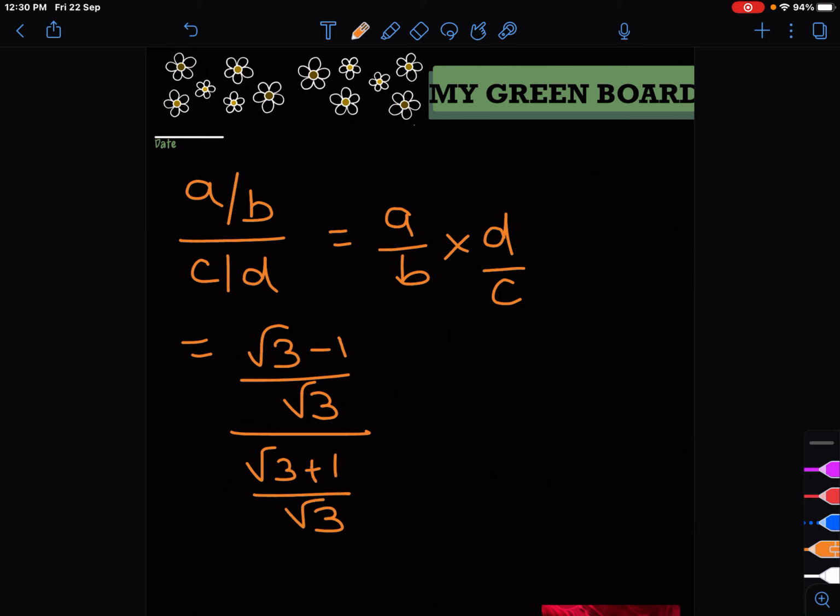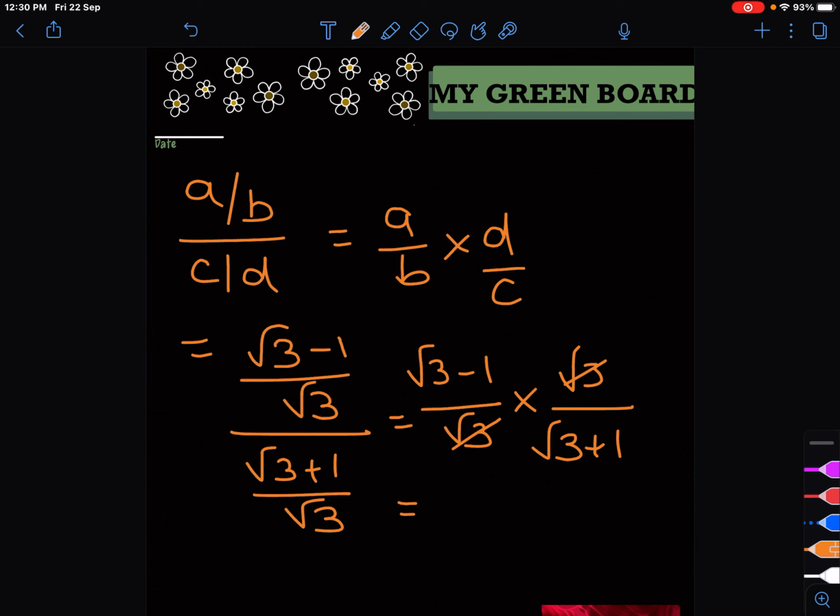We got this, isn't it? So now what I am doing is the numerator root 3 minus 1 by root 3 into the denominator's reciprocal, so it will become like this. This root 3 will get cancelled, and you will be getting the answer as root 3 minus 1 by root 3 plus 1.